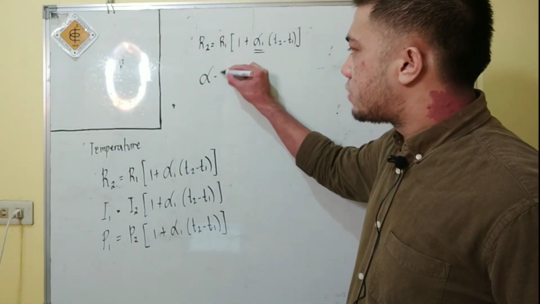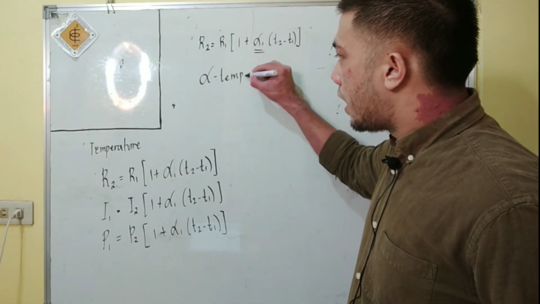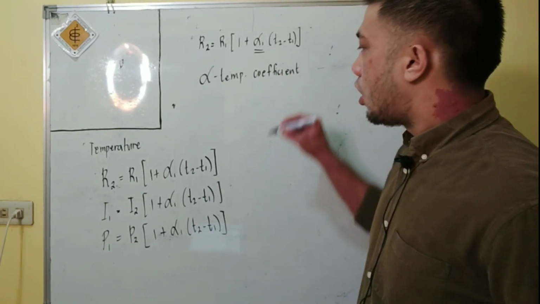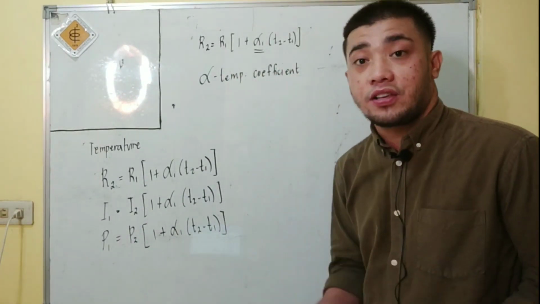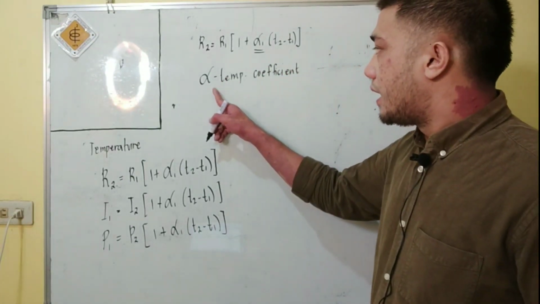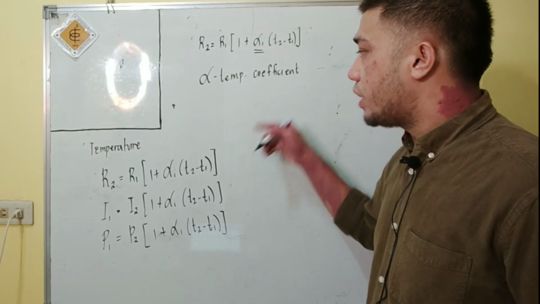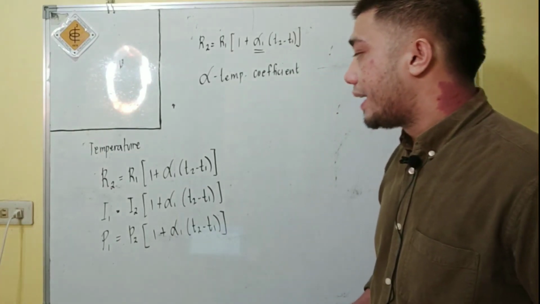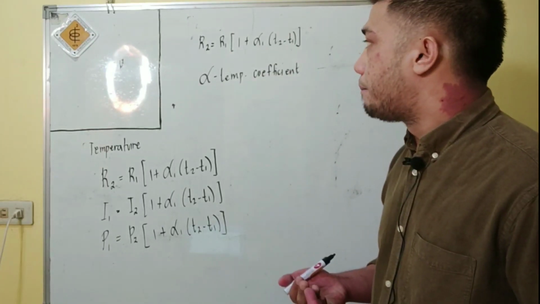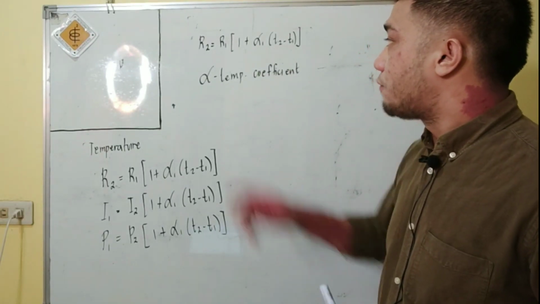The alpha is what we call the temperature coefficient of a resistance, of a certain value of a resistance. Okay, so the alpha is the temperature coefficient, which is necessary to this formula.